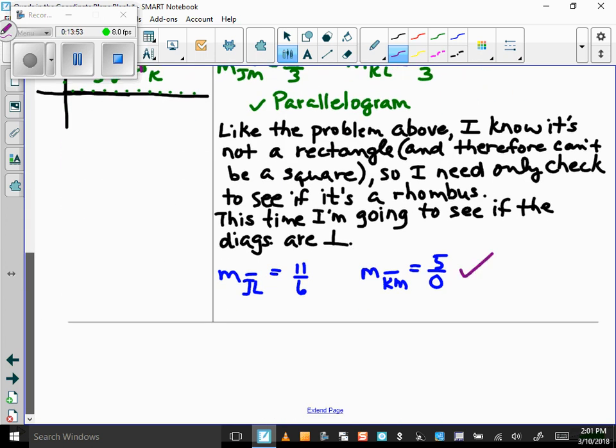This one's vertical, and when I find the slope of the other diagonal, JL, I get a slope of 11.6, so I can see right away that they're not perpendicular. And since they are not perpendicular, I know that the most specific classification is parallelogram.